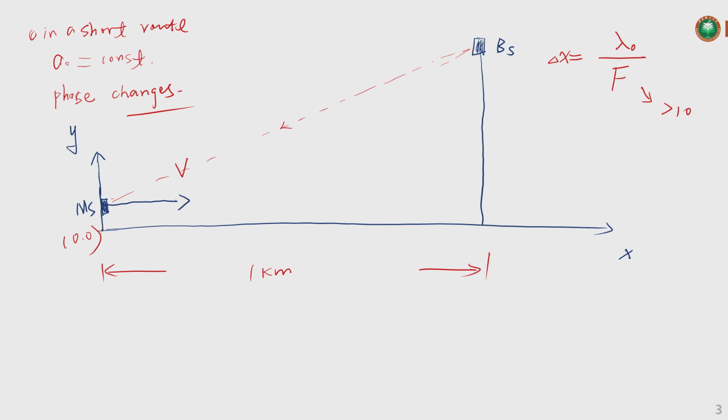Then the mobile user moves along such incremental distance delta x.